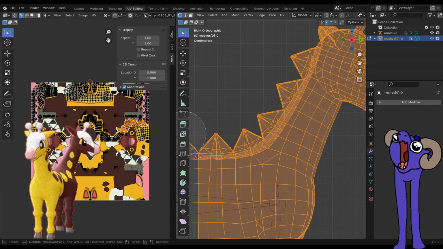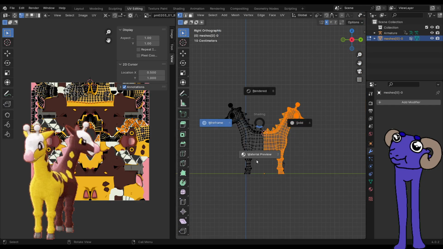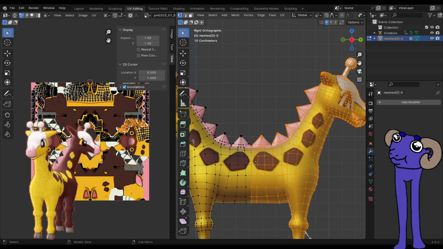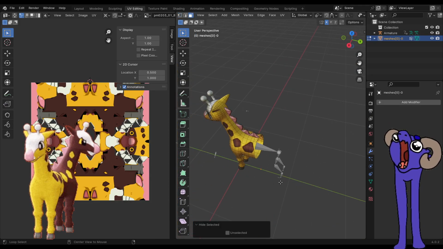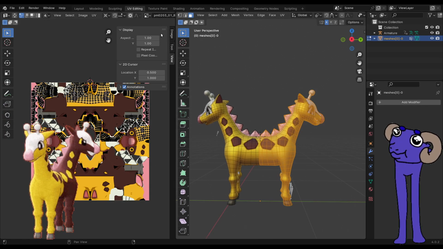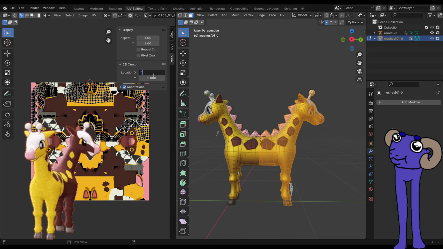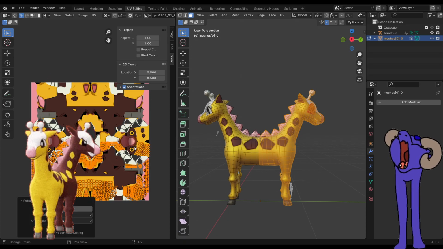Only the back half. If that looks right. And we need this one to... That's 5, 5, rotate 180 degrees.